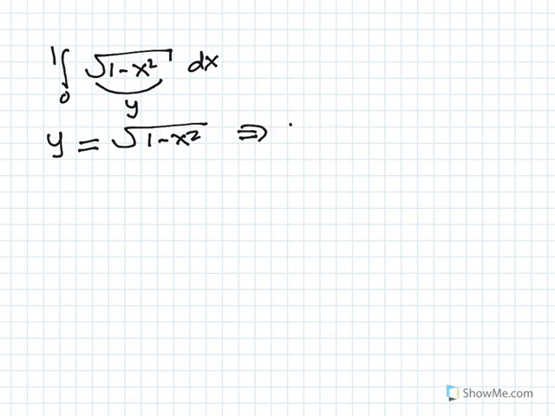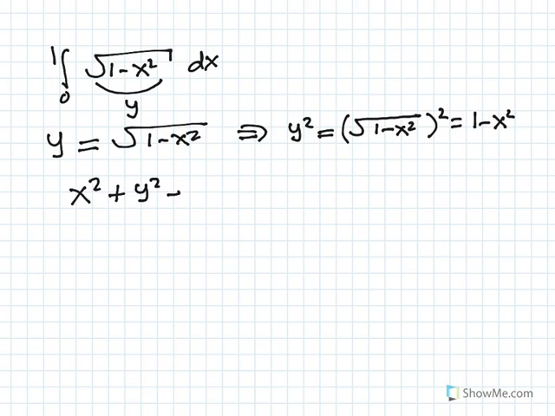Square both sides. We get y squared is equal to root of 1 minus x squared all squared. That's equal to 1 minus x squared. Now bring the minus x squared to the left-hand side, and we will get x squared plus y squared is equal to 1.